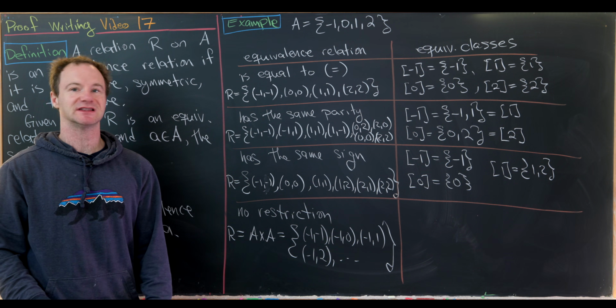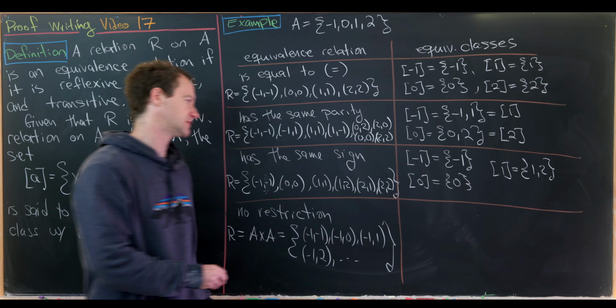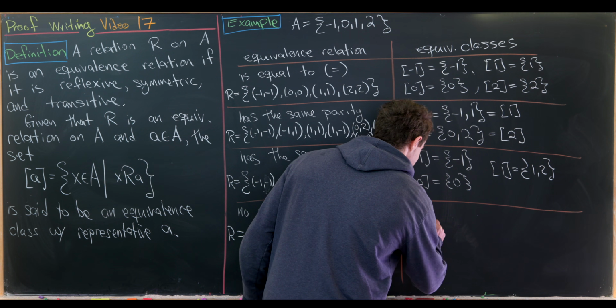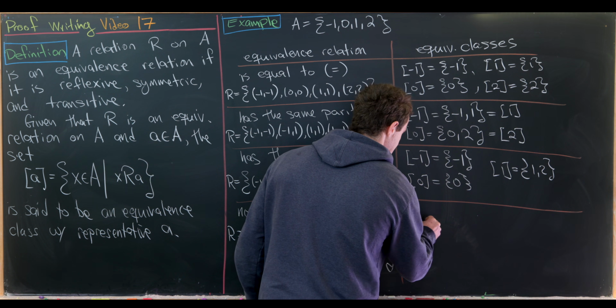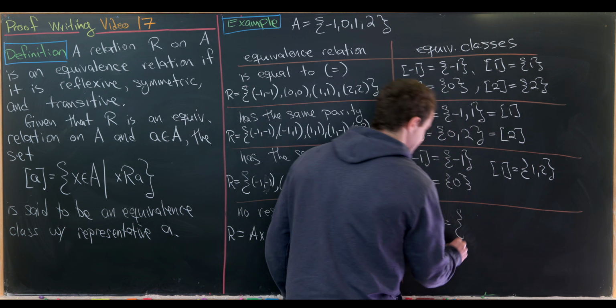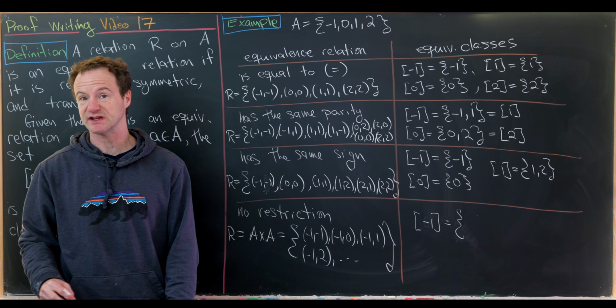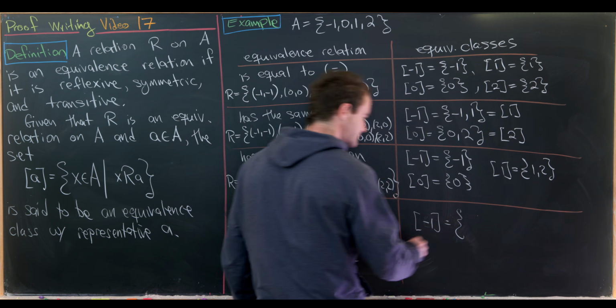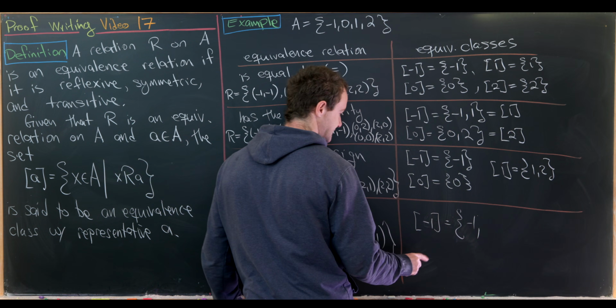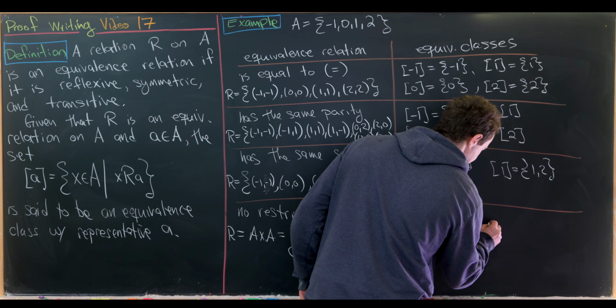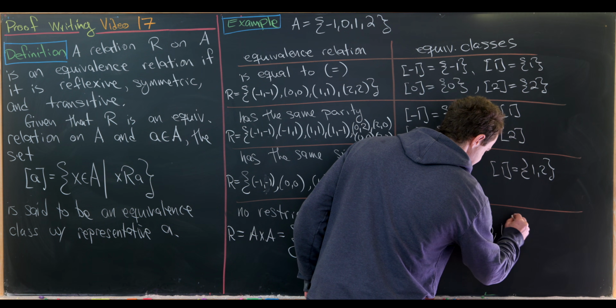So everything is related to everything else. So in this case, you would have a single equivalence class, and you can take any of the numbers as the equivalence class representative. I'll take -1. So the equivalence class for -1, like I said, will be everything: -1, 0, 1, and 2.